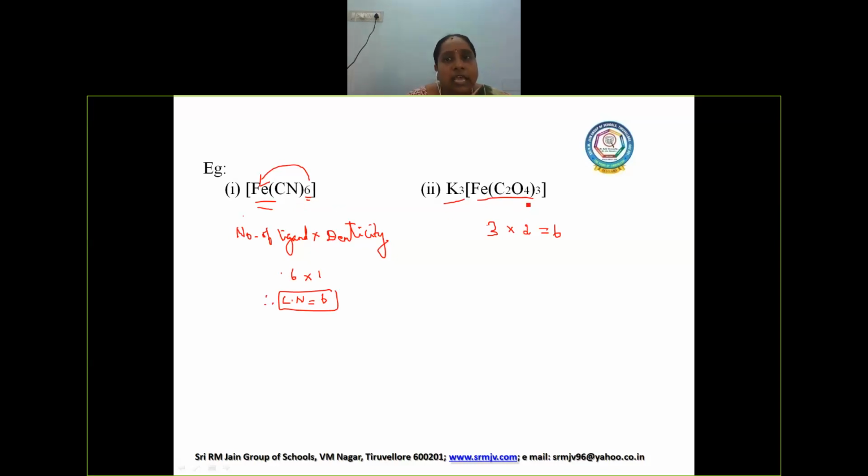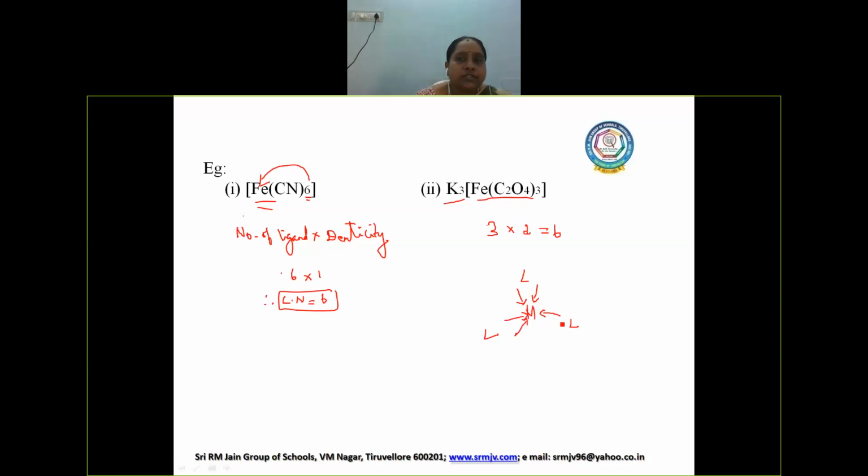Not like that, children. If bidentate ligands are also present, and 3 ligands are present, the denticity will be 2, right? For example, let us take the central metal atom with 3 ligands around it. In this, for each ligand, the denticity is 2, right?